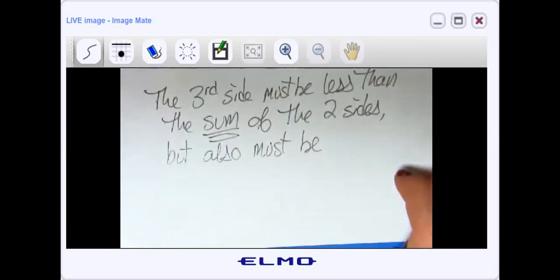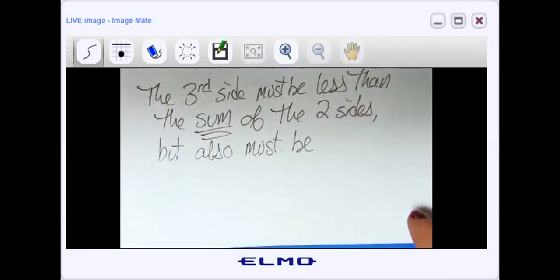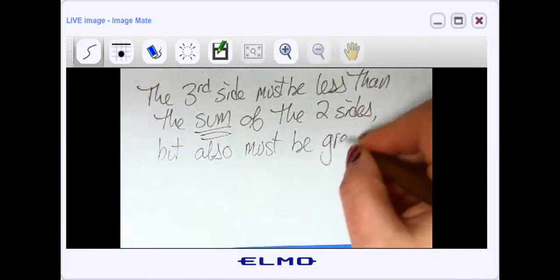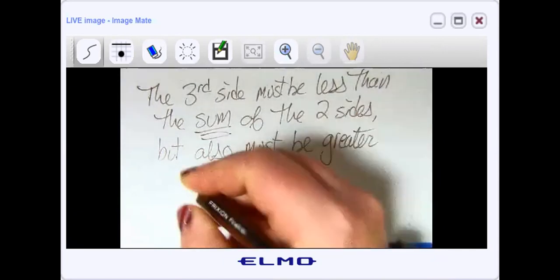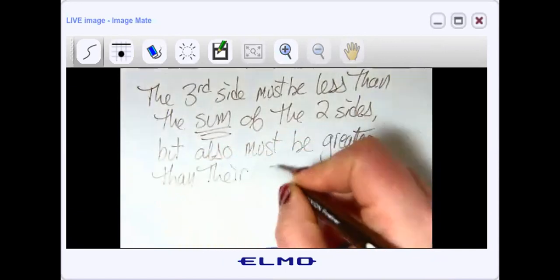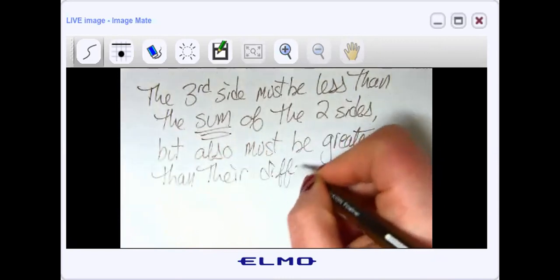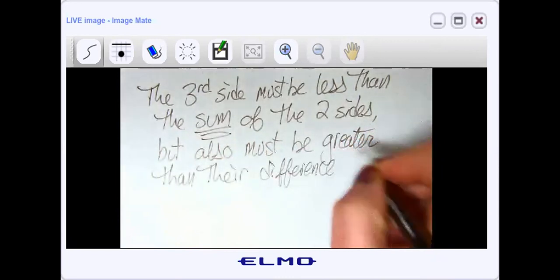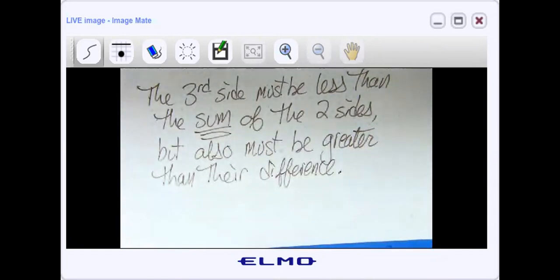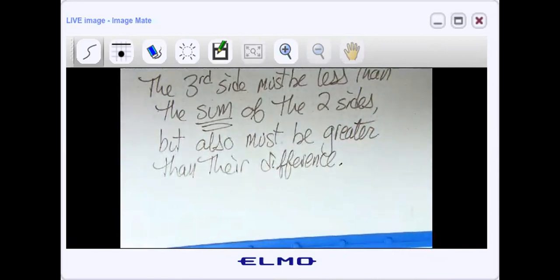Okay, so the third side must be less than the sum of the two sides, but also must be greater than their difference. And hopefully you understand why that is with all these little triangles I've been making you.